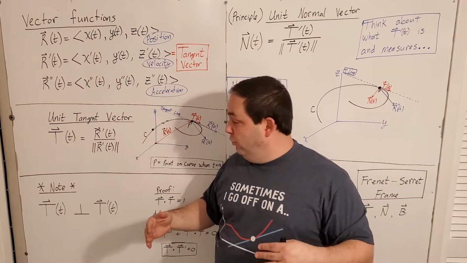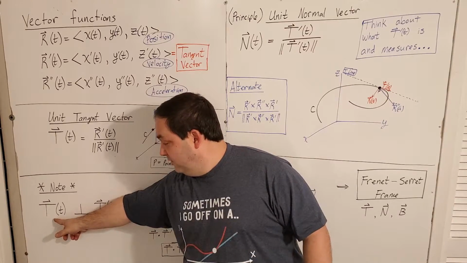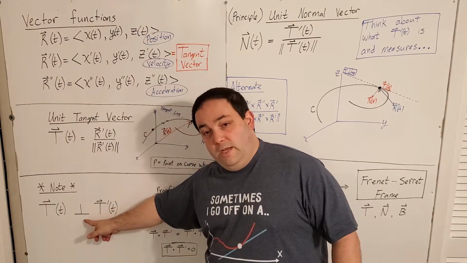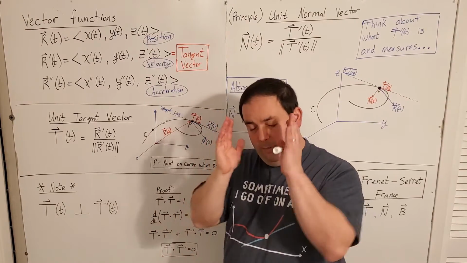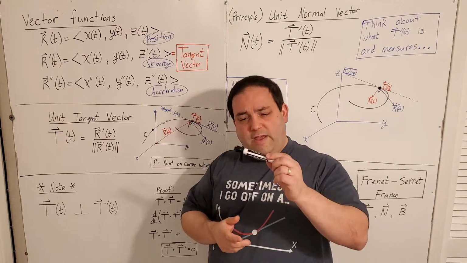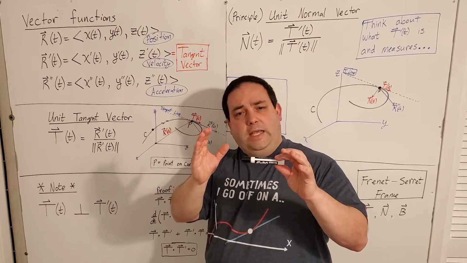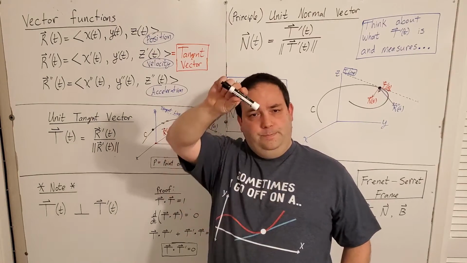It is actually provable that capital T, the unit tangent vector, is perpendicular, orthogonal to its own derivative, okay? Now think about this for a second. It's a unit vector, right? If a unit vector never changes in size, then the only thing that can change is its direction.